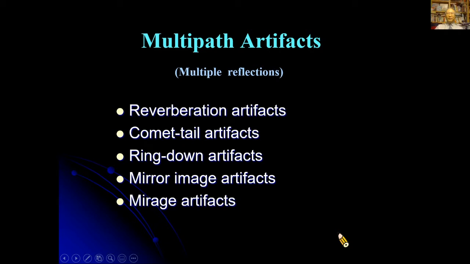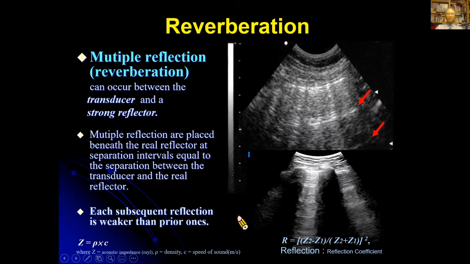Starting with the multipath artifact: multipath is a kind of multiple reflection. For example, reverberation artifact, comet tail, rain down, mirror image, and mirage artifacts are related to multipath. A typical example is just like this. When you scan the lung, you can see a lot of reverberation artifact.